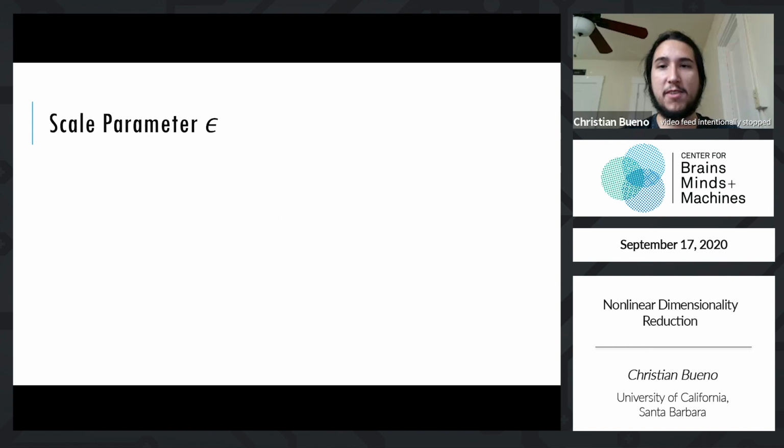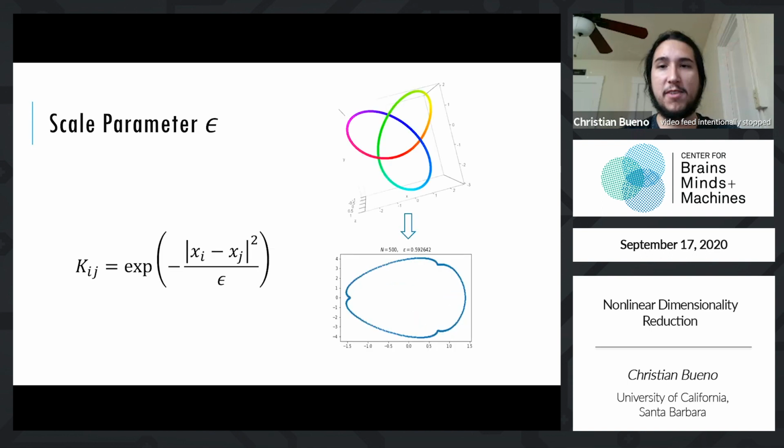And so there is the scale parameter epsilon. And what is that doing? If you take something like the trefoil knot and try to embed it into two-dimensional space while varying the epsilon with this algorithm, you see that as epsilon gets smaller, it starts untangling, and eventually you get to this almost triangular shape.